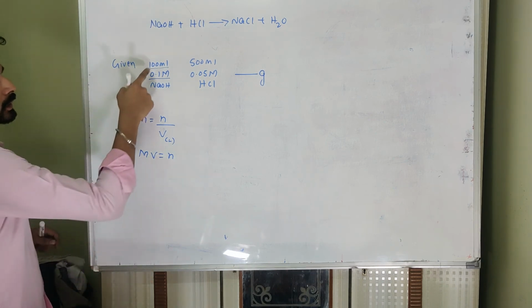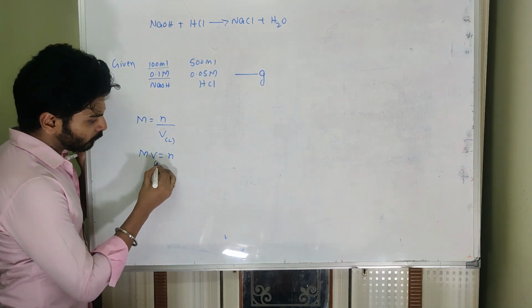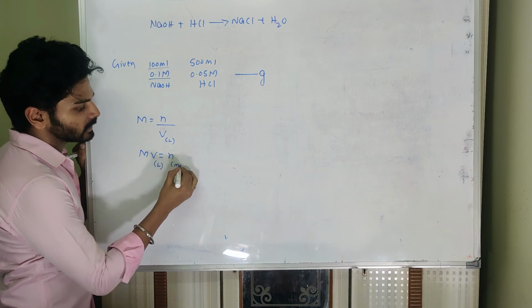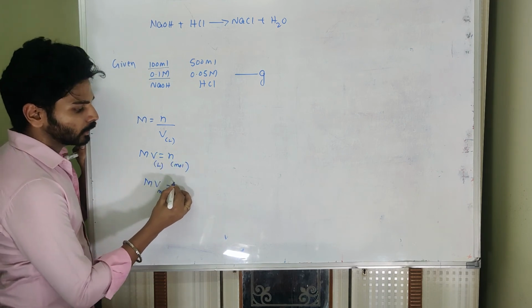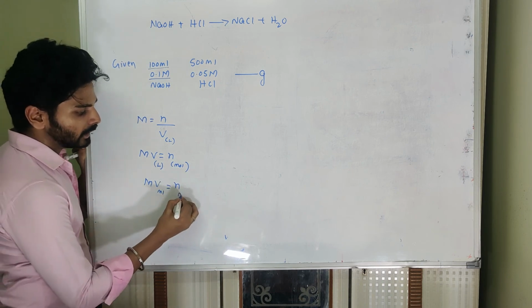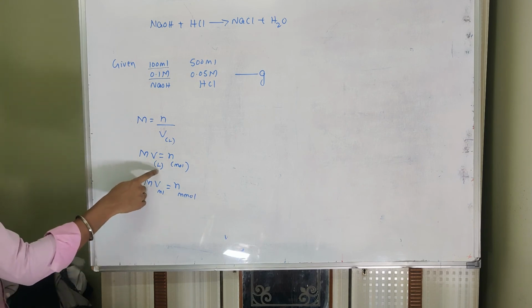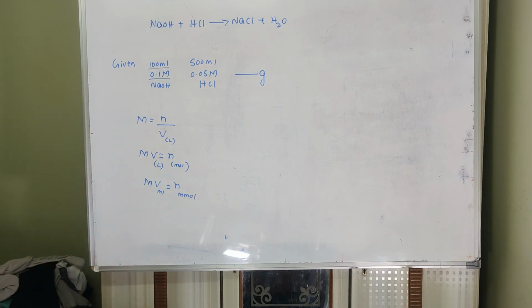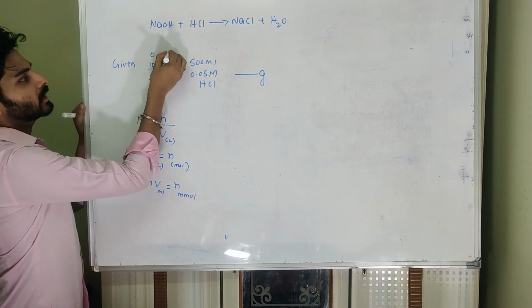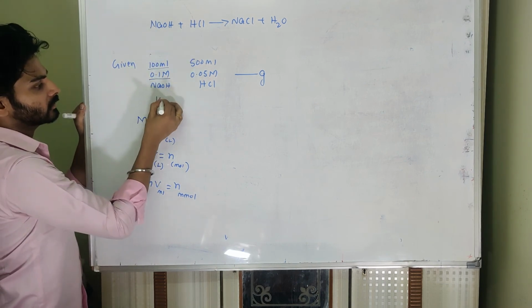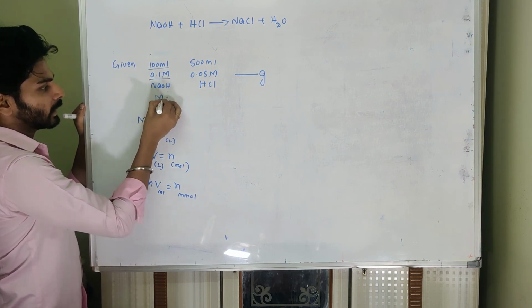But remember, the volume given here is in ml. If you keep the volume as liter, then you get mole. But if you multiply with volume in ml, you get millimole, because that division by 1000 is not done. So let me just use this 0.1 into 100. I'm going to multiply M1 and V1.